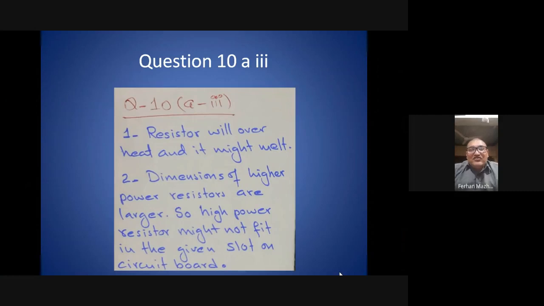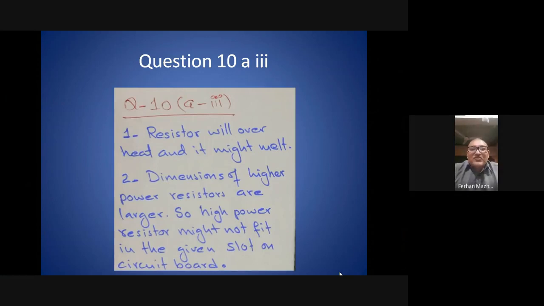And the second answer is for when you use a resistor whose power is more than 0.25 watt. Dimensions of higher power resistors are larger. So high power resistors might not fit in the given slot on the circuit board.